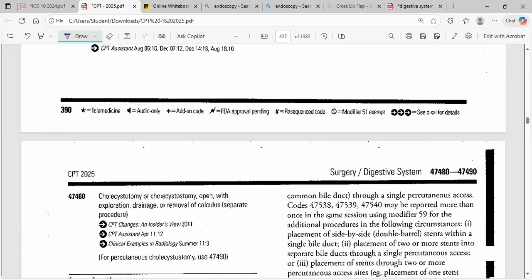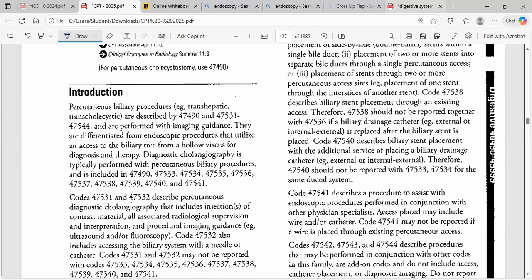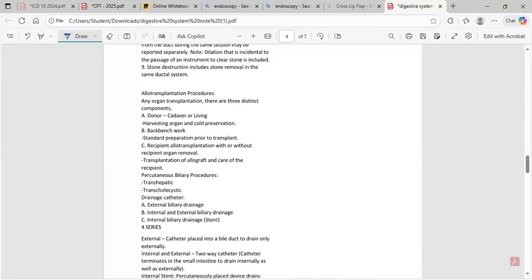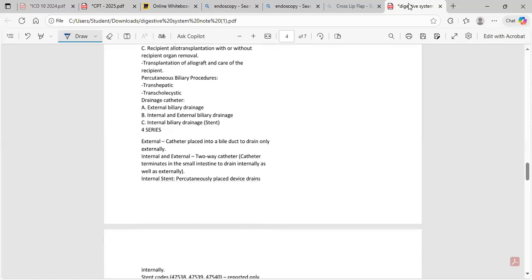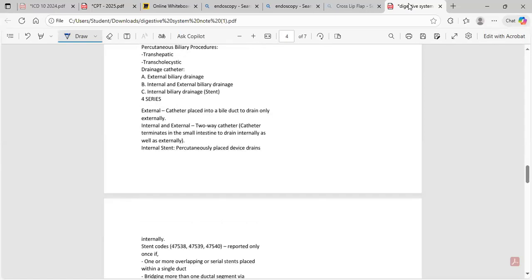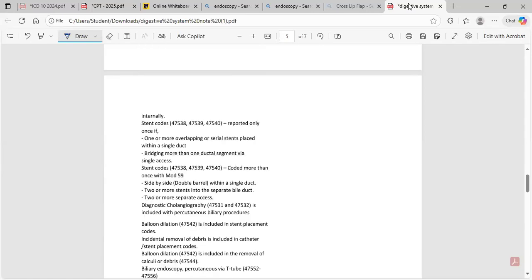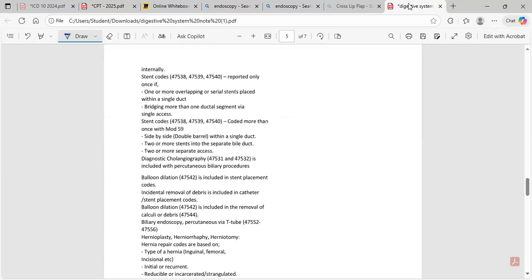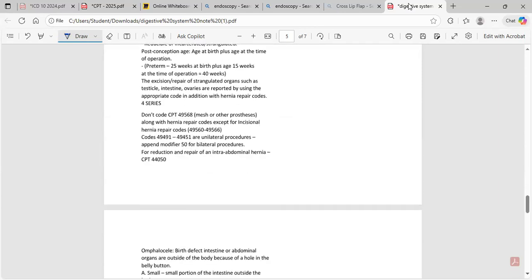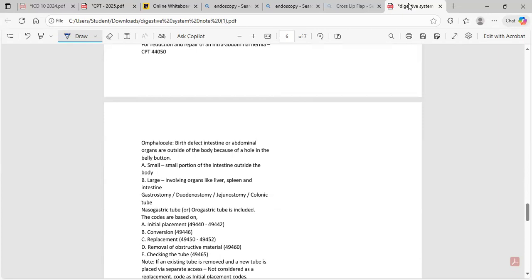Okay, so after that, let's see how important we have here. External catheter placements. So dilation ERCP is completed.